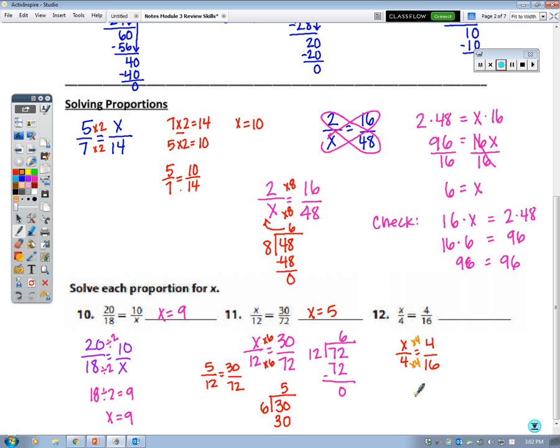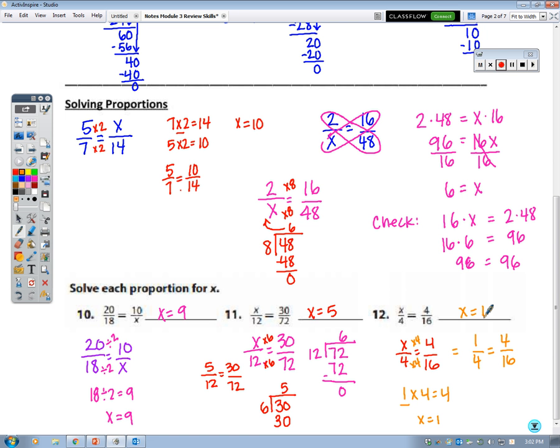Well, 4 divided by 4 is 1, right? So 1 times 4 equals 4, which means x equals 1. So if we set up that proportion solved, 1/4 should equal 4/16.